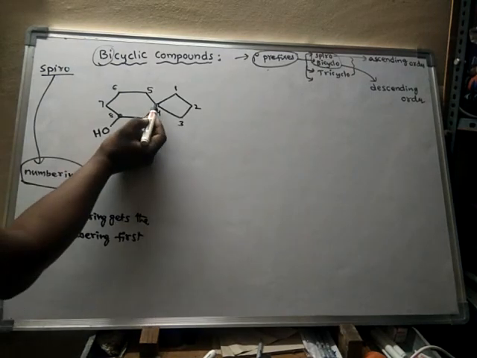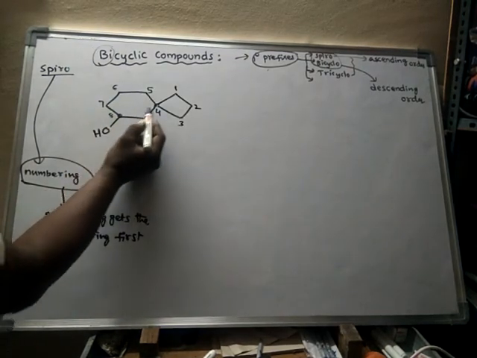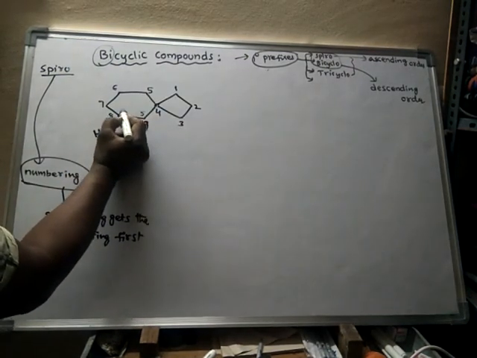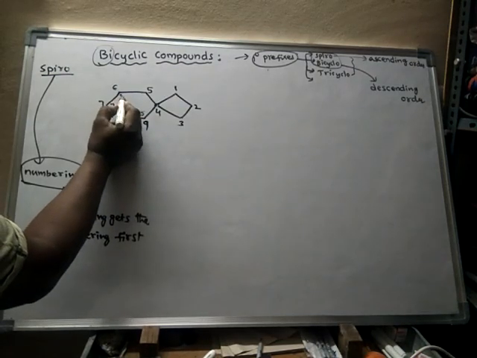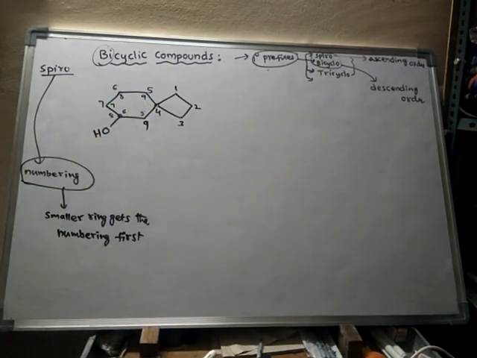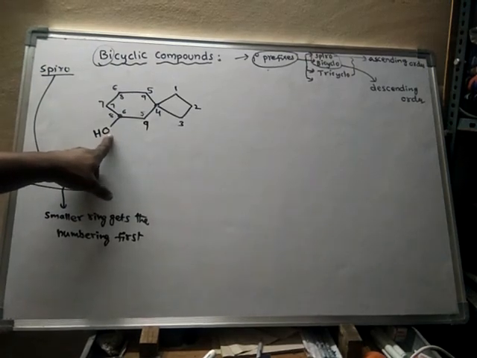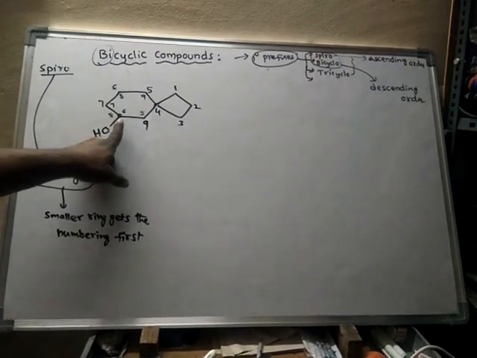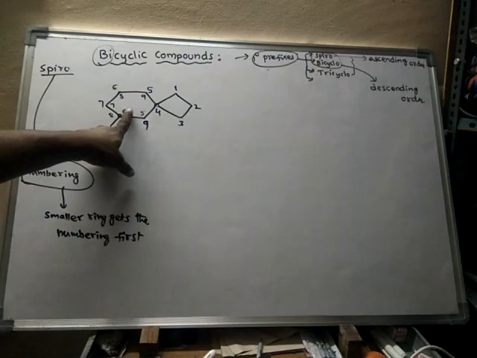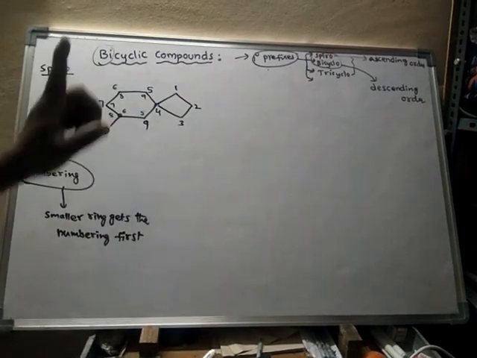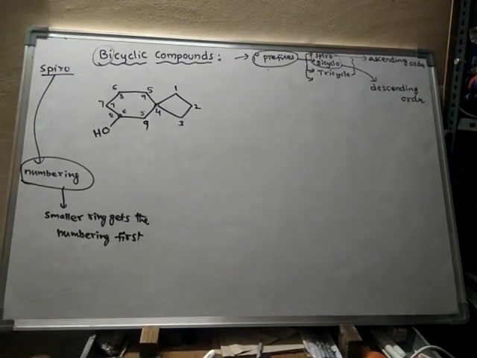If you give numbering in this direction, 5, 6, 7, 8, 9, the carbon attached to the functional group is getting the lowest numbering. So we have to see that the functional group carbon always gets the lowest possible numbering.